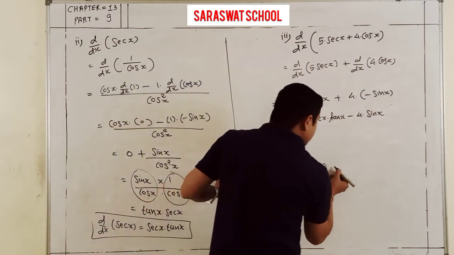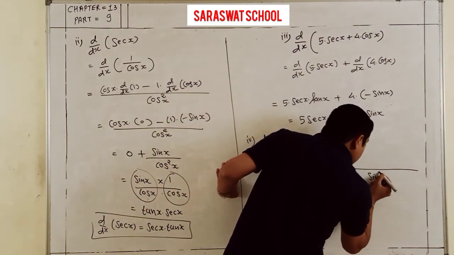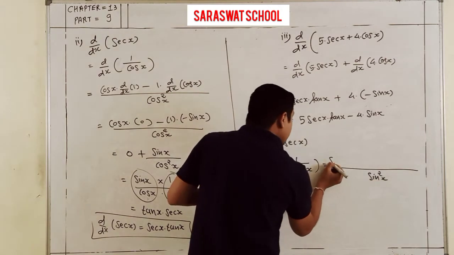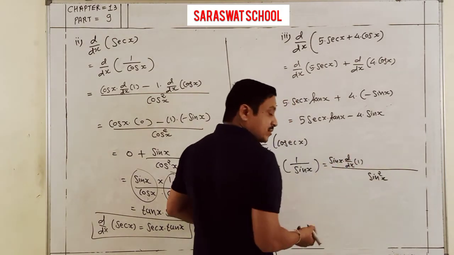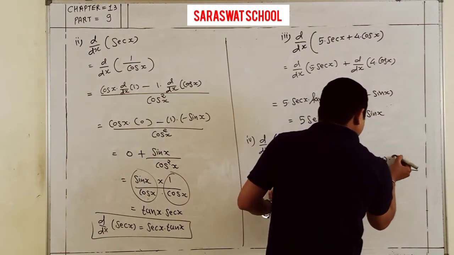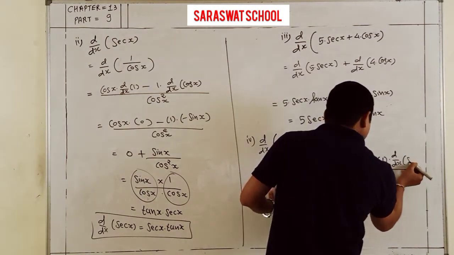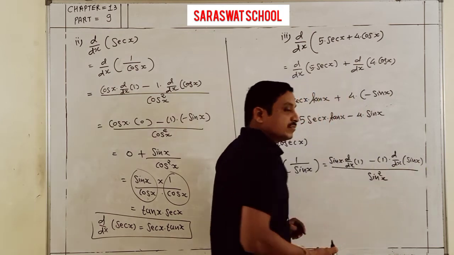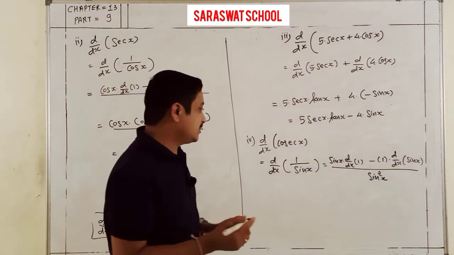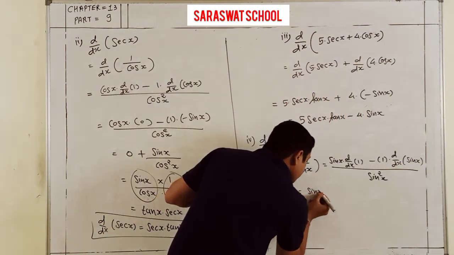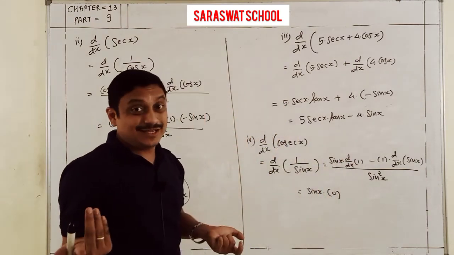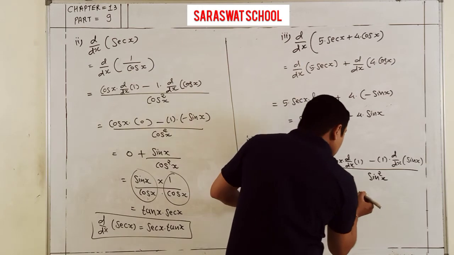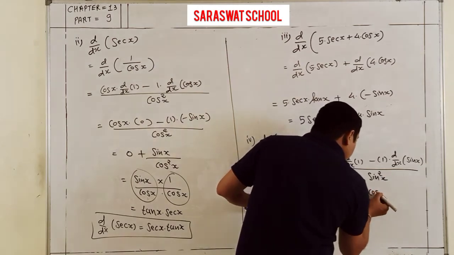In the denominator, sin square x. Then denominator times d/dx of numerator, minus numerator times d/dx of denominator. Just apply the u by v rule.